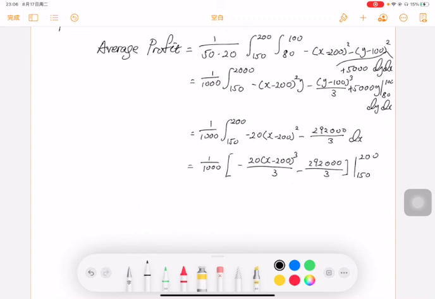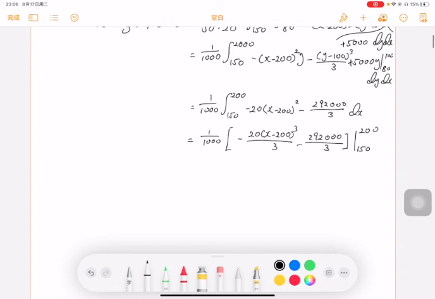This is of course not an integer, just because 292,000 cannot be divided by 3. If you type this into a calculator, this is approximately 4,033. So that means the average profit is $4,033.